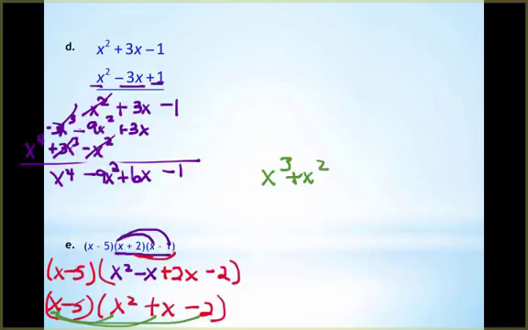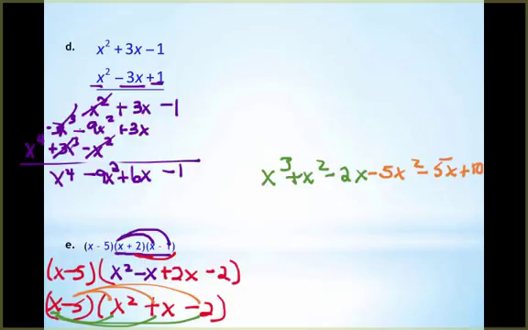And x times negative 2 would be minus 2x. And now we'll take our second term of negative 5 and multiply by our trinomial. So negative 5 times x squared would be negative 5x squared. Negative 5 times x would be minus 5x. And negative 5 times negative 2 would be plus 10.